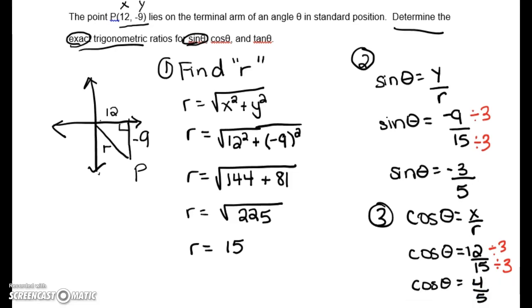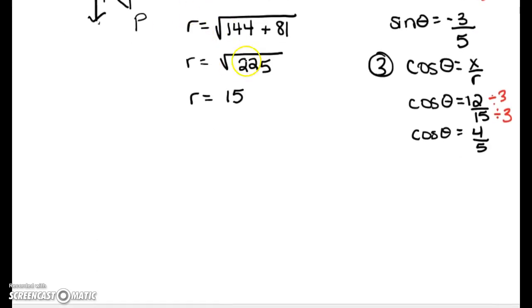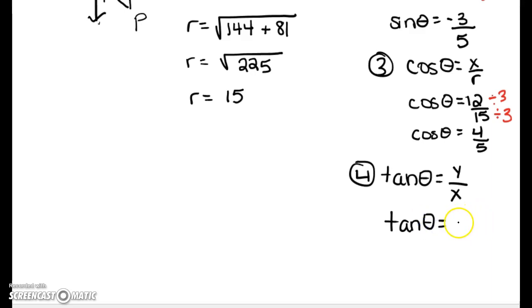And to do the last part of this question, I'm going to scroll down. And so now we're going to be finding tan of theta. So using that jingle, you know that tan of theta is equal to your y value divided by your x value. So plug in what you know. So you know tan of theta is equal to y, which is -9, divided by x, which is 12.